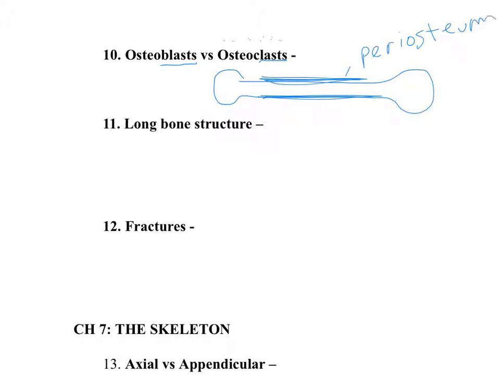Again, peri means around, osteum refers to bone. Recall that on the tip of the bone is a cartilage pad, which is referred to as articular cartilage. And recall cartilage's role as an agent to reduce friction.